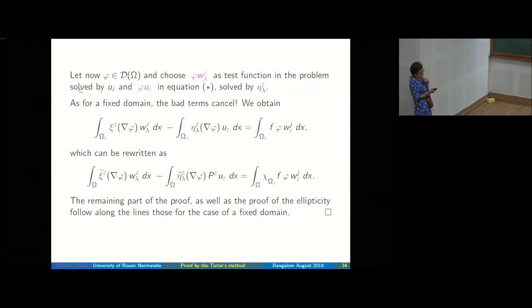Then you pass to the limit. It is easy because this goes to xi0, this goes to lambda x, this goes to xi0, this goes to u0, and so on. This goes to theta W lambda x, and then you do exactly the same computation as before, and you then obtain the desired result.